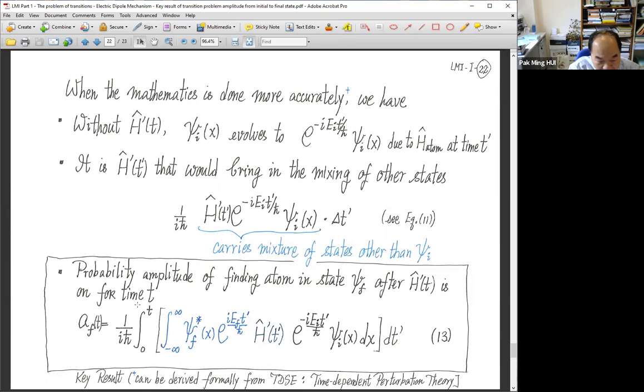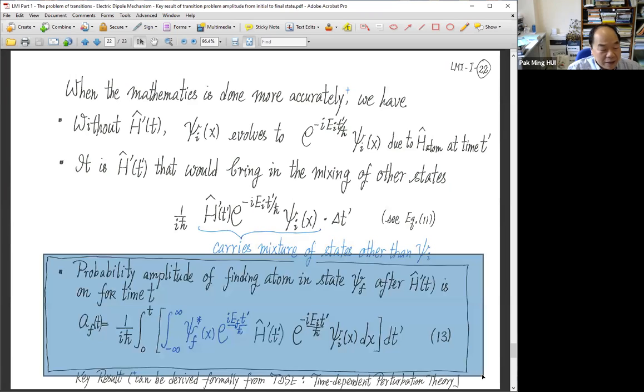Therefore, we have an integral over time so that we account for the fact that the perturbation has been acting on the atom from time 0 to time t, all right? Now, this is equation 13. I try to convince you that that makes sense, all right?